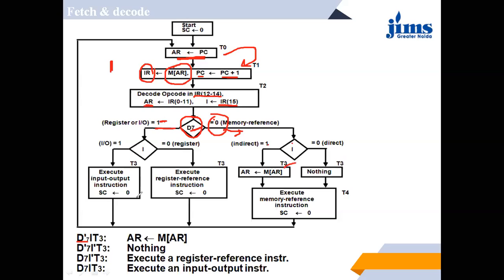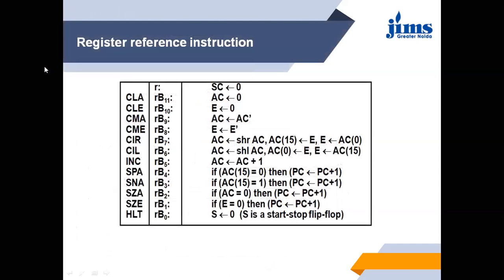So this is going to access the memory at this time. So it seems to be a little bit different the first time, but when you revise it once, you will see that this is not too difficult, or it will be more clear to you.